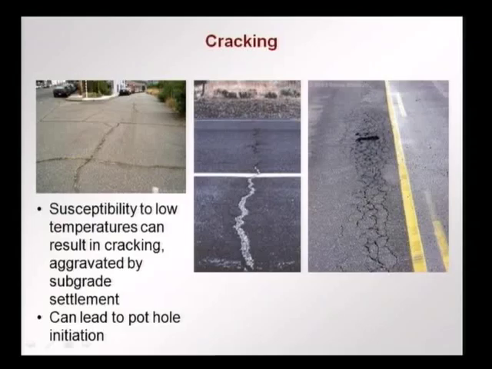So, these are different problems that have to be avoided. They can be avoided through proper mix design and also maintenance. Asphalt concrete is a surface that has to be maintained well, has to be inspected and repaired, so that small damage does not develop into major deterioration in time.